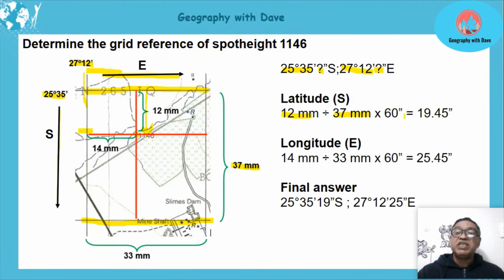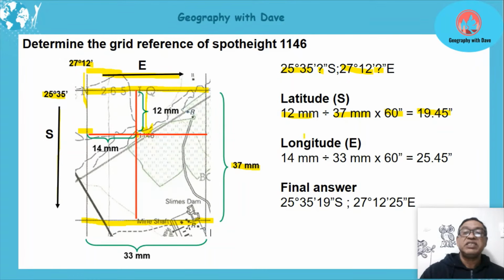So how do we convert it into seconds? We multiply it by 60 seconds, because a whole block is 1 minute. So therefore, 1 minute is 60 seconds. Can you see the importance of knowing the conversions? Yes, and eventually we get an answer of 19.45 seconds.